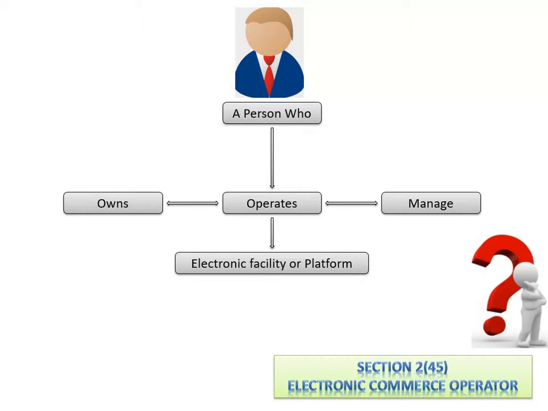While you can talk about an aggregator like Ola, Swiggy, etc., it connects the customer with the supplier and service provider. An e-commerce operator, like Flipkart, facilitates the entire process of supply of goods or services. Now, under the GST law, even the aggregator would be covered under the definition of electronic commerce operator. All right.